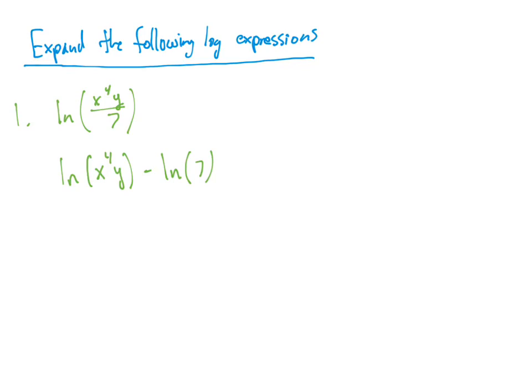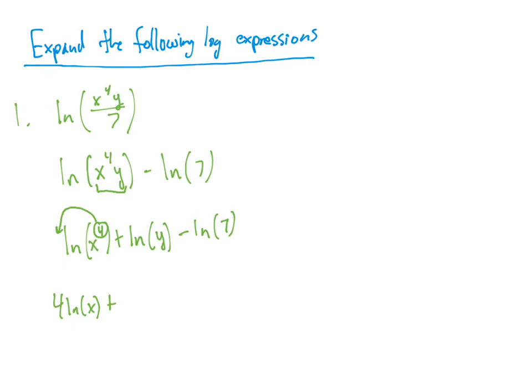In this first term, we have a product, so we can write this as ln of x to the fourth plus ln of y minus ln of 7. And then the 4 right here can be rewritten as a coefficient. So 4 ln of x plus ln of y minus ln of 7 gets us to a fully expanded expression.